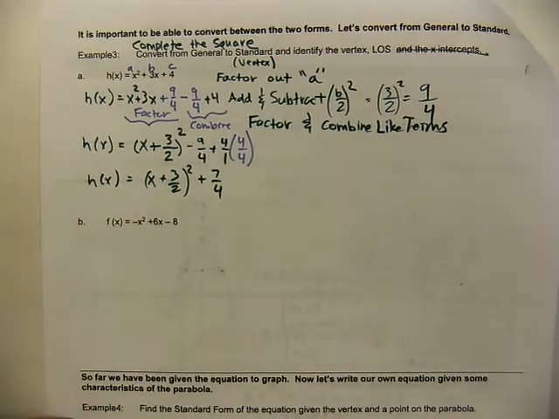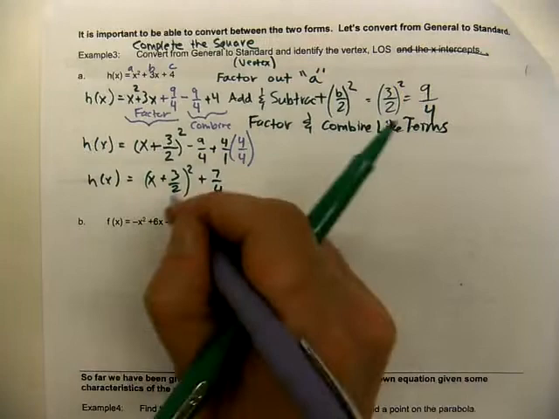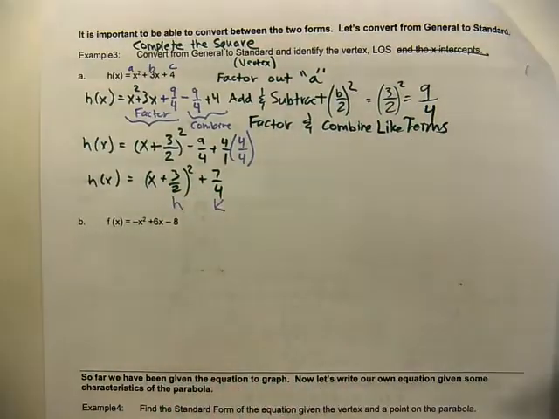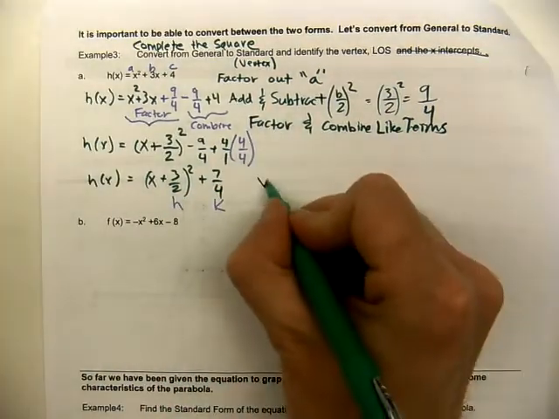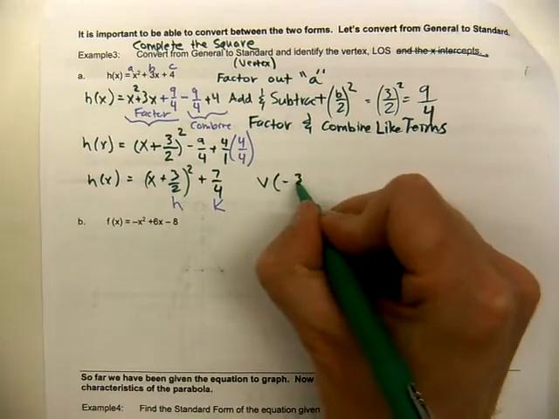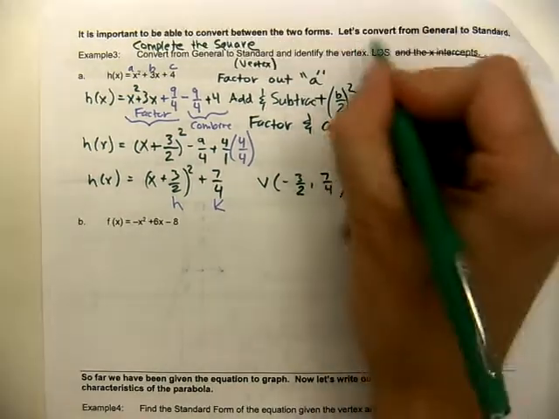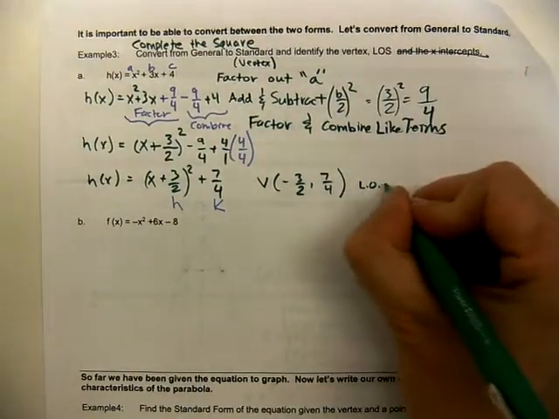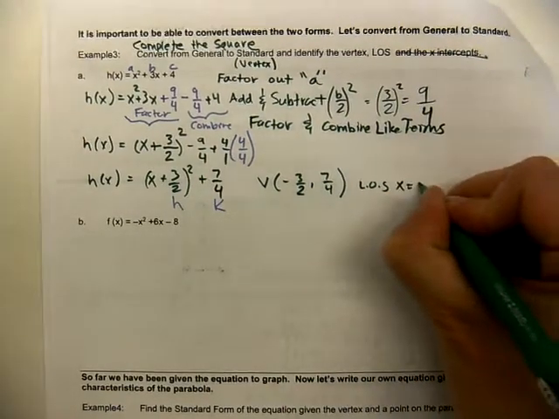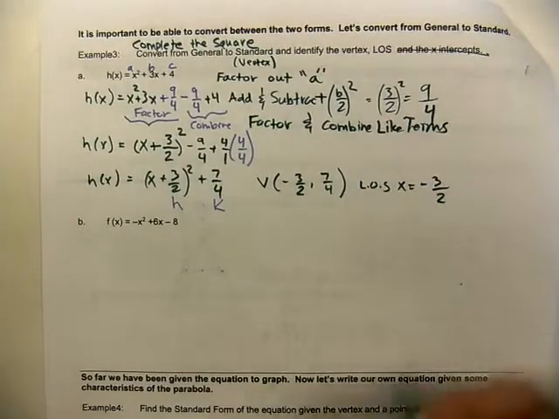So here is the H and the K. Again, you have to change the sign on the H when you take that out. So the vertex is located at negative 3/2, comma 7/4. And if we go a step farther, that line of symmetry would be x equals negative 3/2.